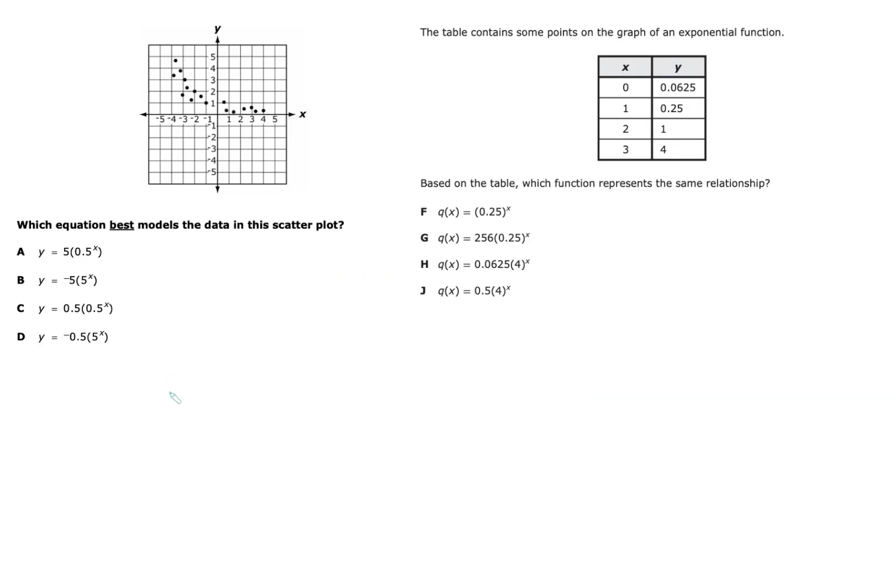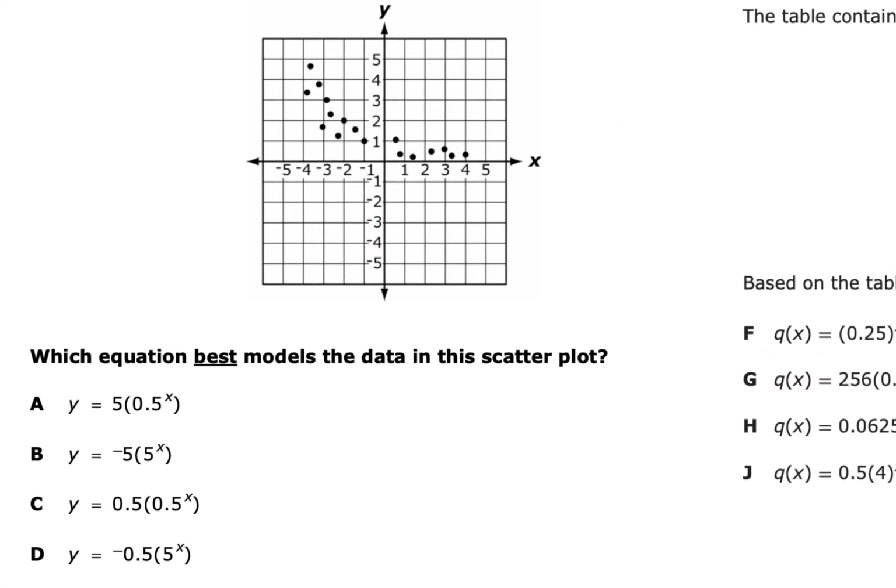Okay, last two. We have a graph and a chart, and we have to choose the correct equation. It says which equation best models the data in the scatter plot. Here we have a scatter plot with various dots on our graph. Now, if we try to connect the dots, notice that it seems like they are decreasing.